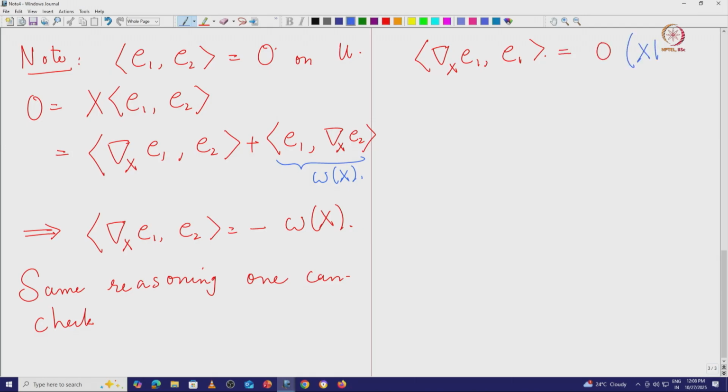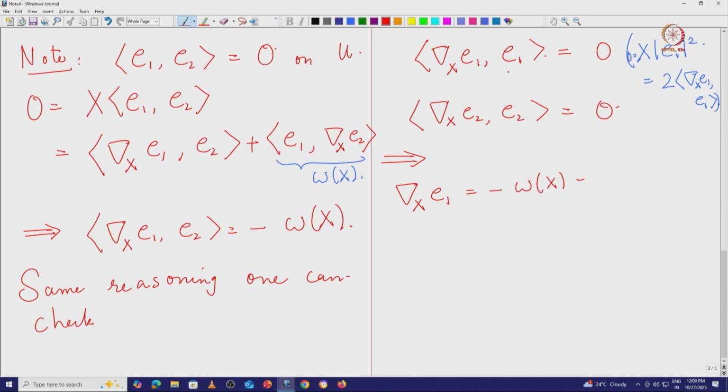You basically apply x to norm E1 squared, that is 0 again, and by the fact that this is a metric connection, this is twice of this. So that proves this. Similarly this is also 0, which basically implies that if you take the covariant derivative of E1, there is no component along E1 because of this, and the component along E2 is given by minus omega of x. Similarly we have this formula.